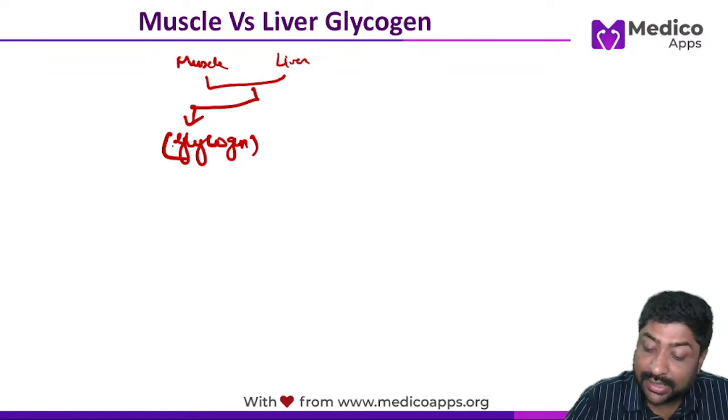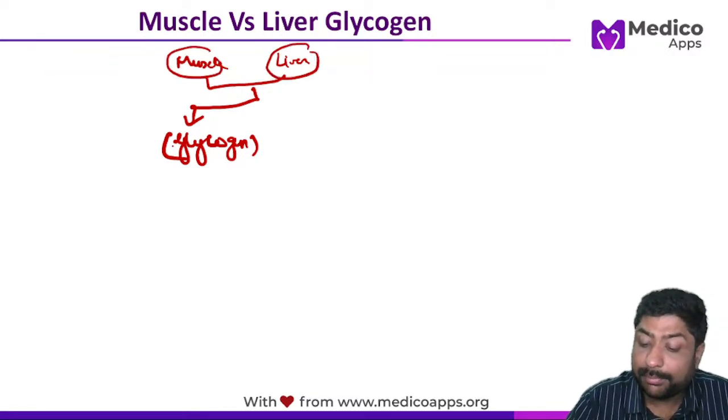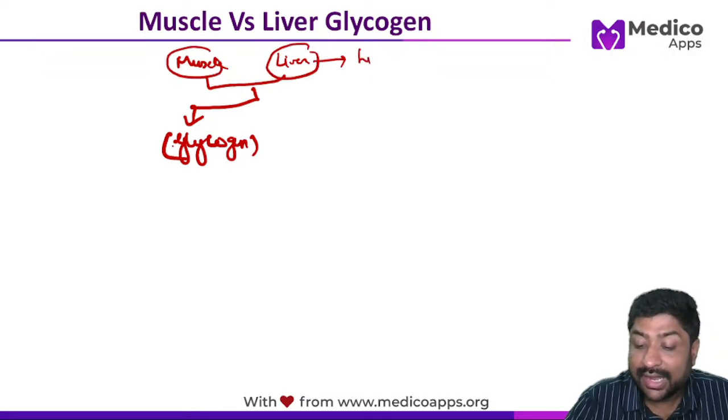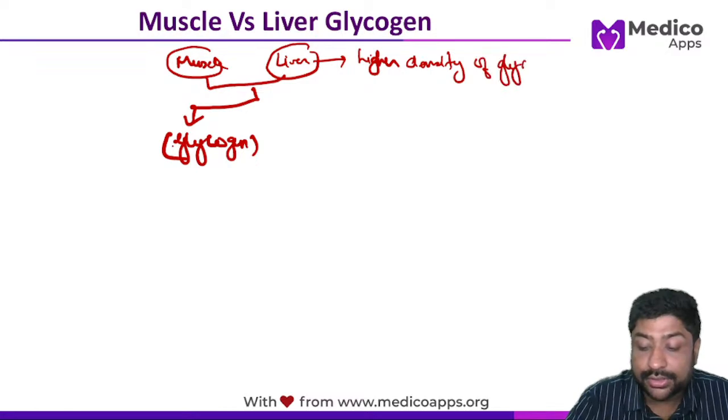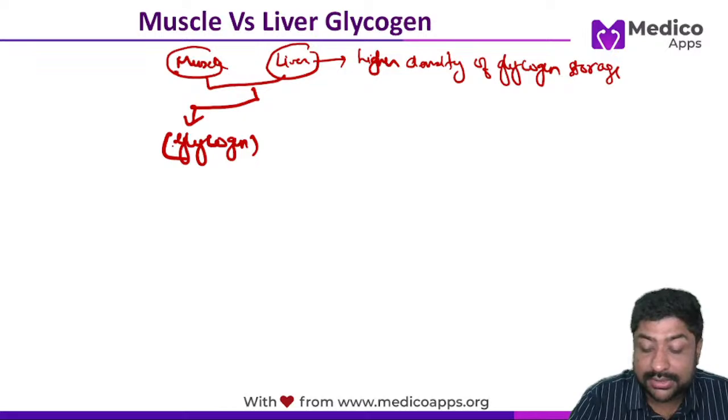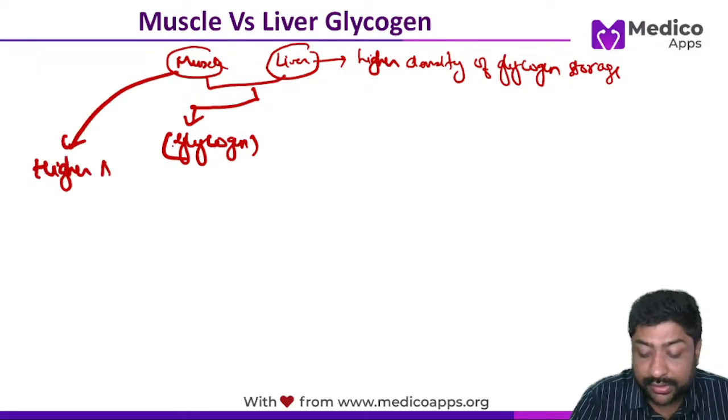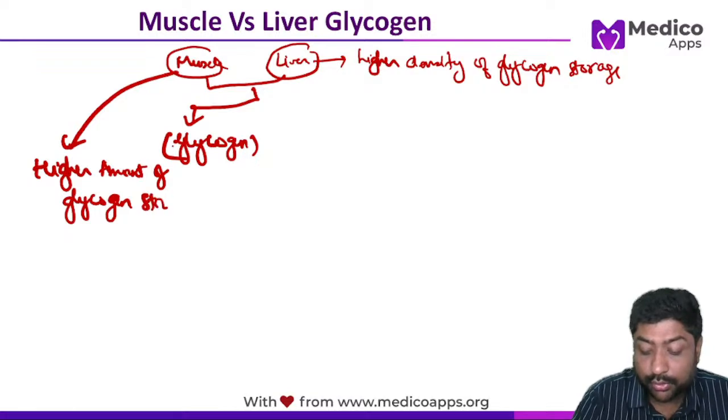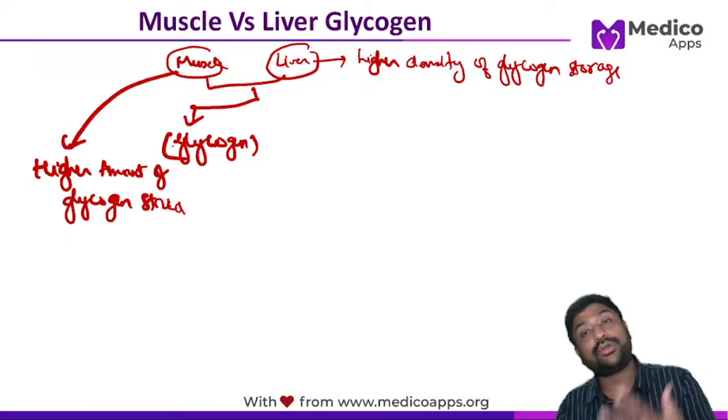Number one, let's talk about the amount. Remember, liver has a higher density of glycogen storage, whereas muscle has a higher overall total amount of glycogen, because muscle mass is more even though density is less.